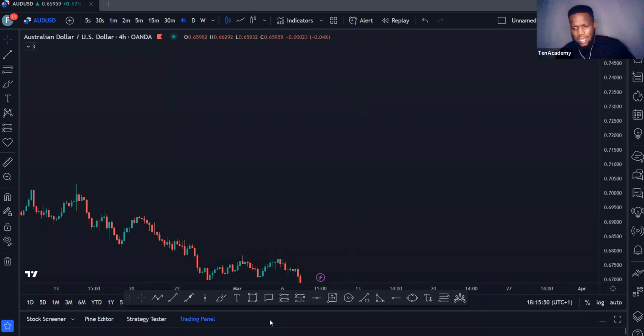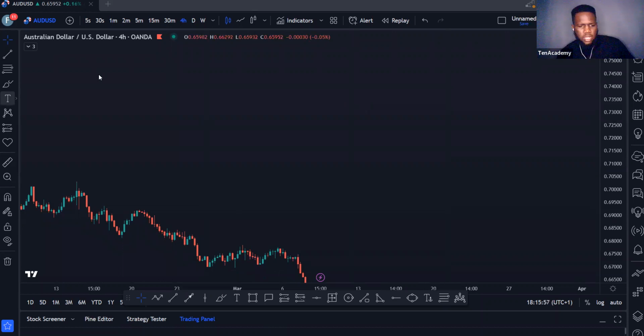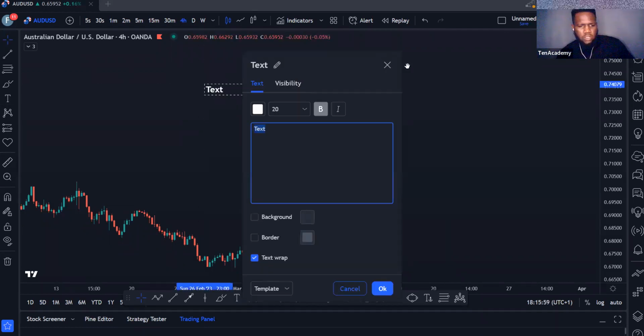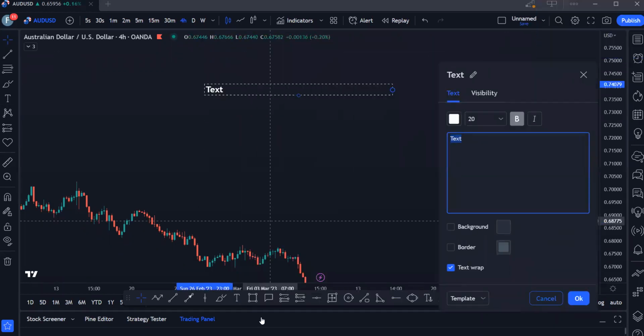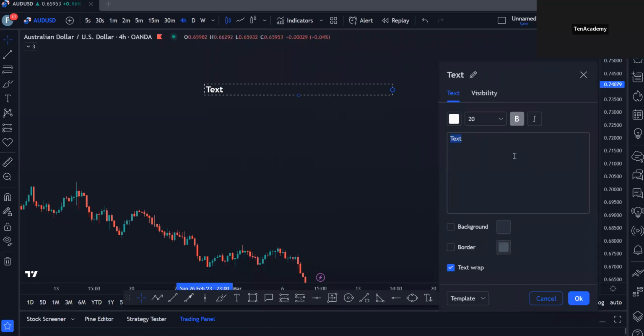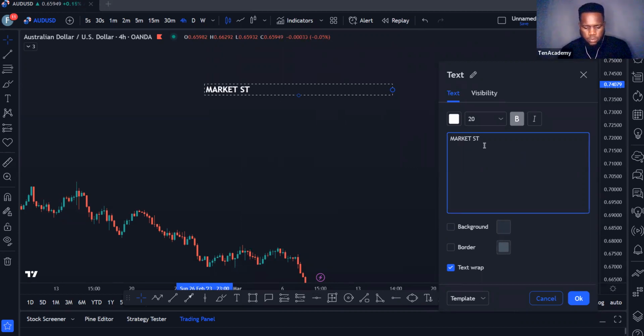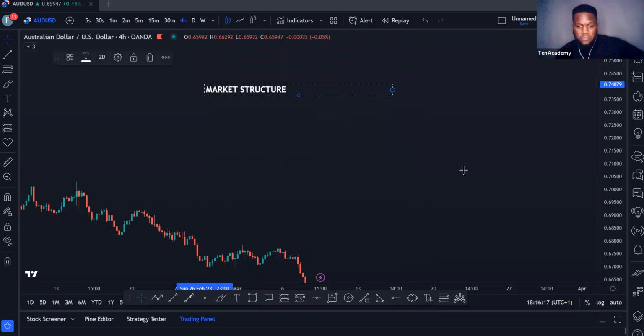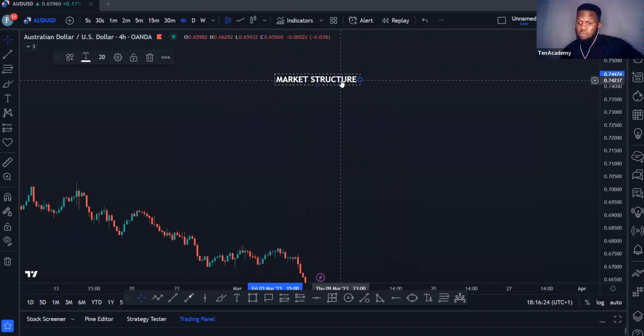And tonight, we start with the very, very basics. We will look extensively into the concept of market structure. If you've been following my live sessions for a while, you'll always notice that I make mention of market structure.